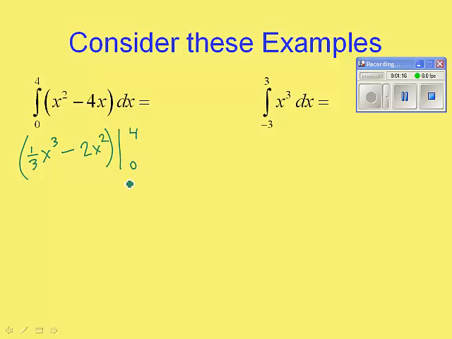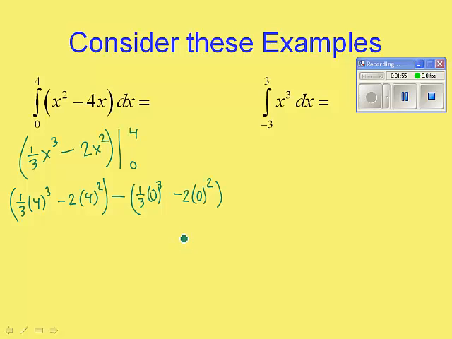What does that mean I'm going to do? Insert those values, you evaluate. Yep. So we're going to insert the values. So we have 1/3 times 4 cubed minus 2 times 4 squared, right? Minus, so that's one of them. That's my F of B. And now minus 1/3 times 0 cubed minus 2 times 0 squared.